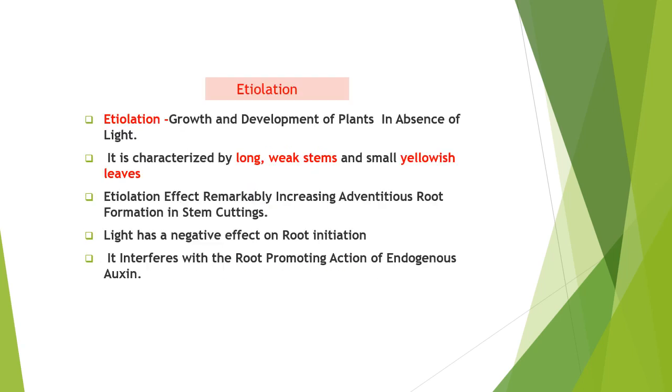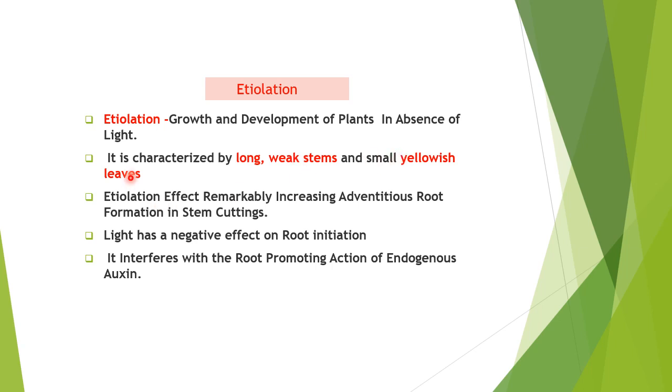What is etiolation? As you know, as a science student, etiolation means the growth and development of plants in absence of light. You'll see the plant turns yellow. It's characterized by long, weak stems and small yellowish leaves.